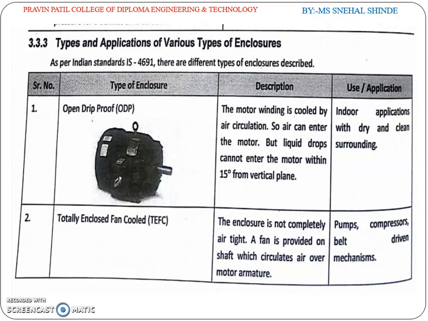The description is: the motor winding is cooled by air circulation, so air can enter the motor, but liquid drops cannot enter the motor within 15 degrees from the vertical plane. Application: indoor, with dry and clean surroundings.